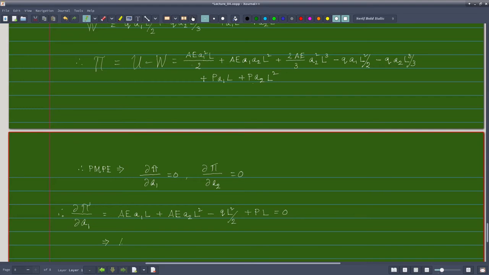Therefore I will have AE A1L plus AE A2L square is equal to QL square by 2 minus PL. So this is my equation 1.